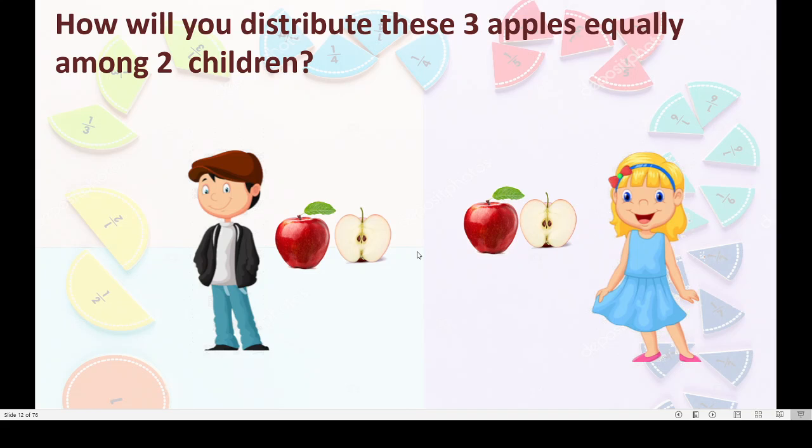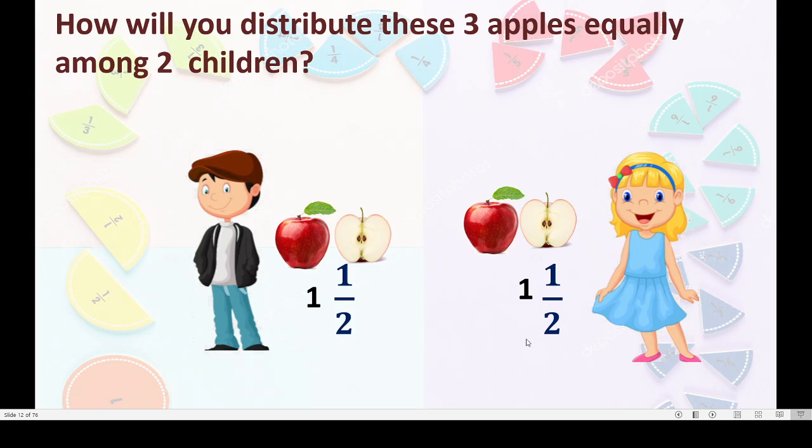Okay, how much did he get? He got 1 full and a half. She also got 1 full and 1 half. Isn't it? Like this portion they got. Now you can see here 1 and a half. Here also 1 full and a half.